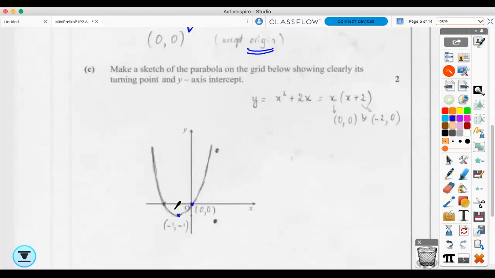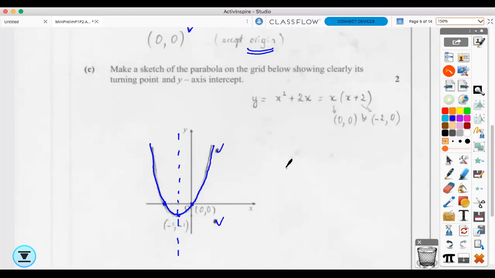Or the other thing you could have done, because you've got an axis of symmetry at the turning point, then you know that this point here is symmetrical to the other point opposite there. So that wouldn't give you an extra mark, but it's just when you draw it, then you just go down. As long as you go through the origin and your turning point, you get both marks.